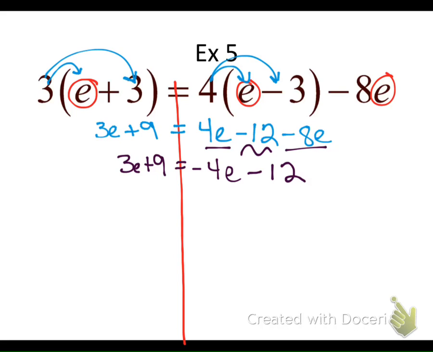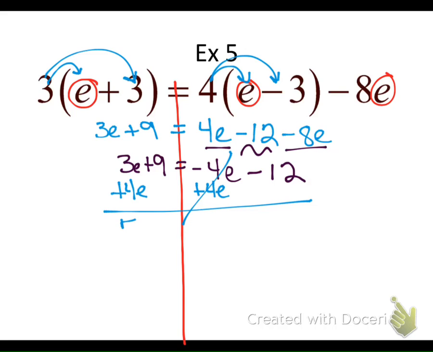I need to get the variable on the same side of the line of equality, so I'm going to pick on the little guy. What's my little guy here? Okay, so the opposite of minus 4e is? So my 4's cancel on my right. So then what do I bring down on my left side? 3e plus... Oh, your left side, my bad. Sorry. 7e.